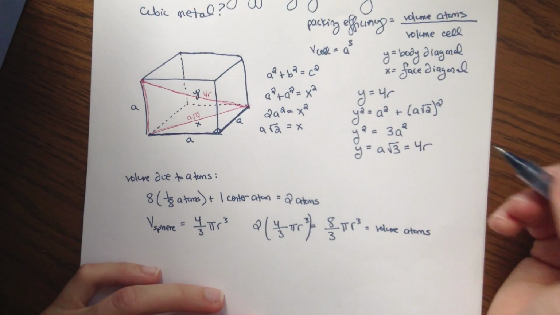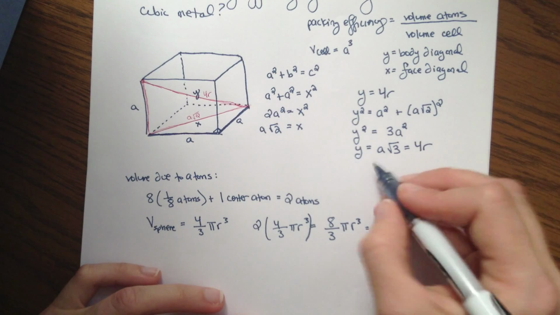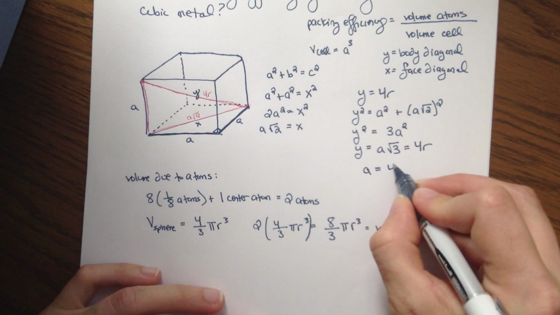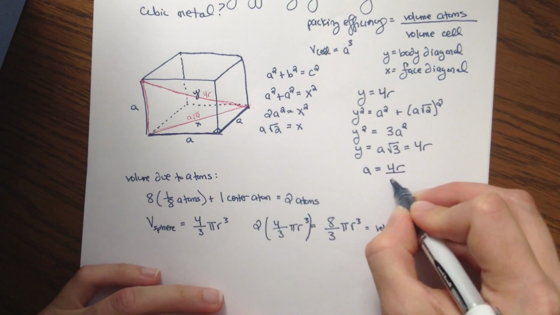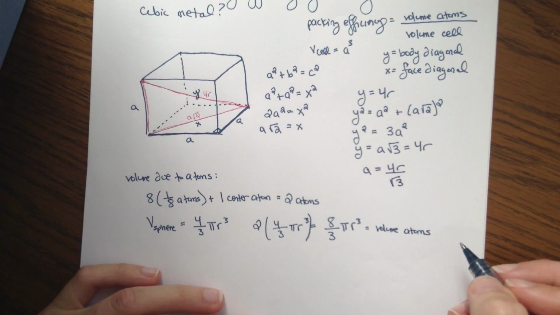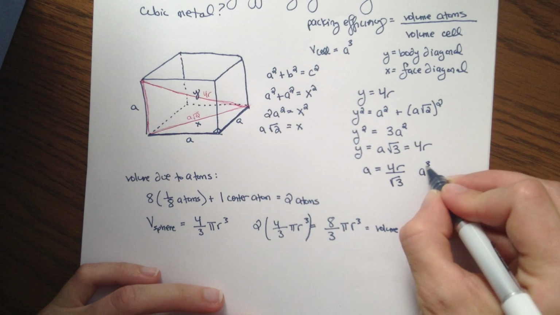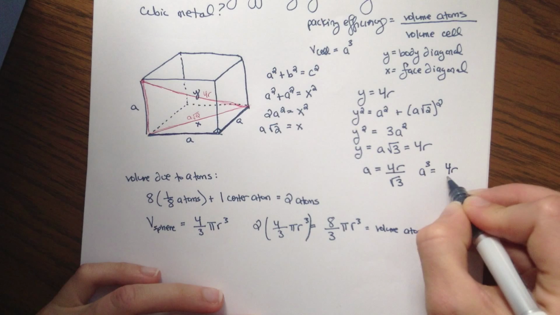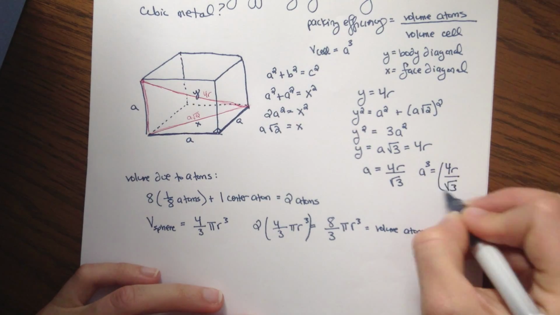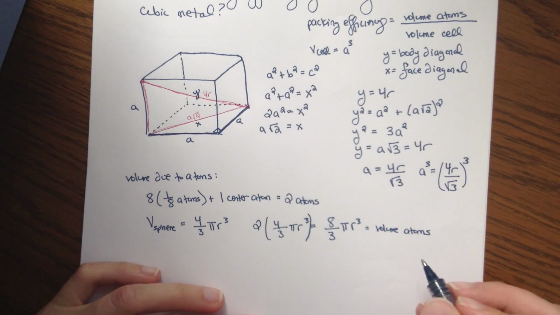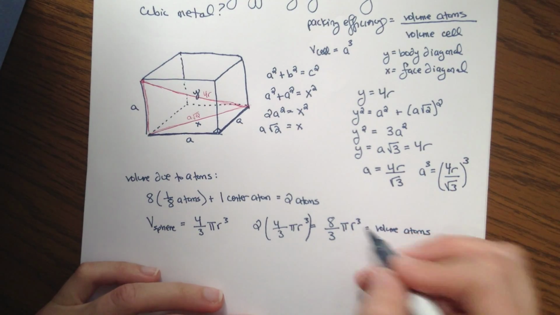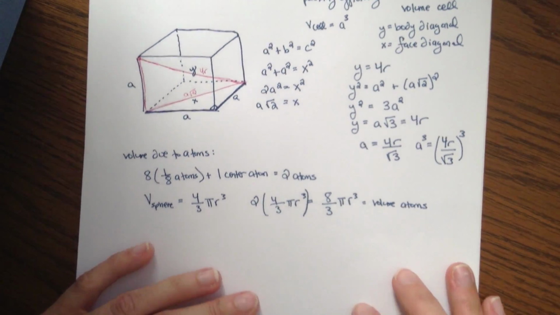So now, look, I can put a in terms of r. a is equal to 4r divided by the square root of 3. So a cubed, the volume of my unit cell, is 4r over the square root of 3, cubed. Notice I've got r cubed here. r cubed is going to cancel out here.